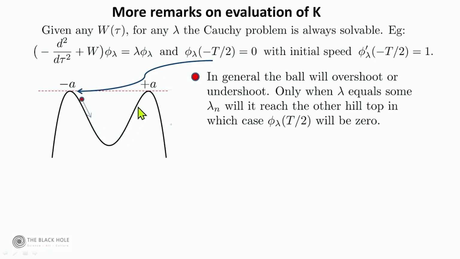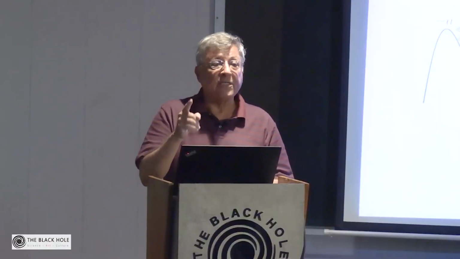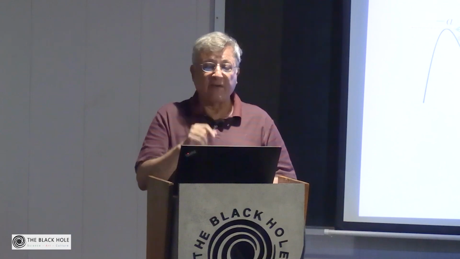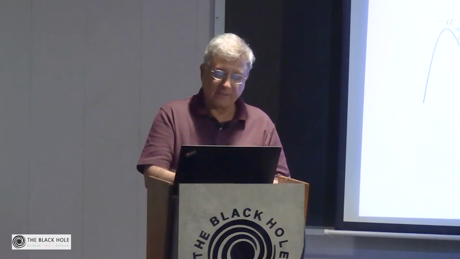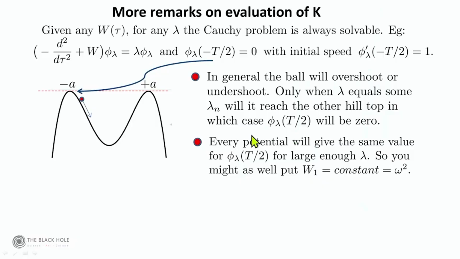It can go nearly up till A, or it can go beyond A. Only when it stops at A will you have an eigenvalue. That's when, only when lambda is equal to lambda n, will you have an eigenvalue. Otherwise, it'll overshoot or undershoot. Okay. Next point.